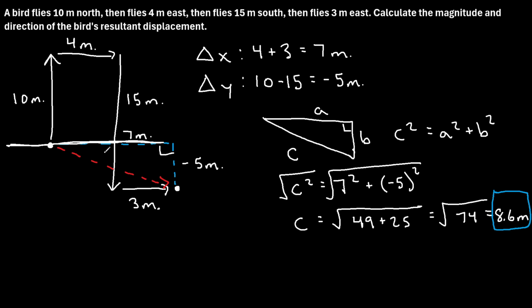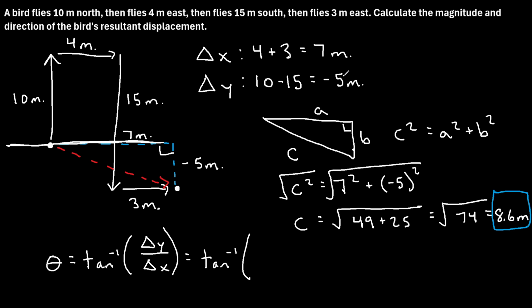Well, the trick is we can first find what is this reference angle right here. So to find that, here's the formula we use. We say the angle is equal to the inverse tangent of the displacement in the y direction divided by the displacement in the x direction. So that's equal to the inverse tangent of the displacement in the y direction is negative 5.